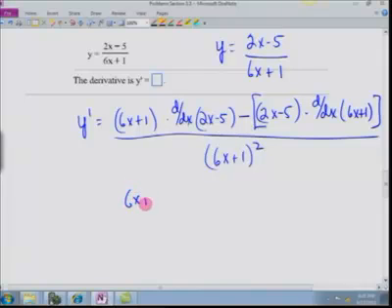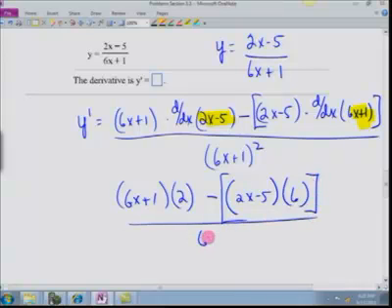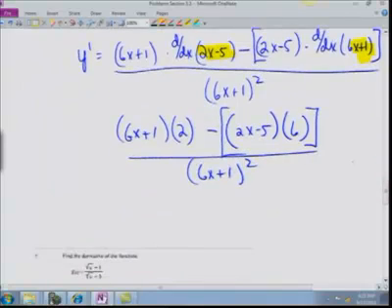All right, 6x plus 1 times what? Because this is where we're taking the derivative, here and here. Okay, minus 2x minus 5 times 6. I'm going to keep that in brackets. It's going to save me one day, I know. So now what do we got?